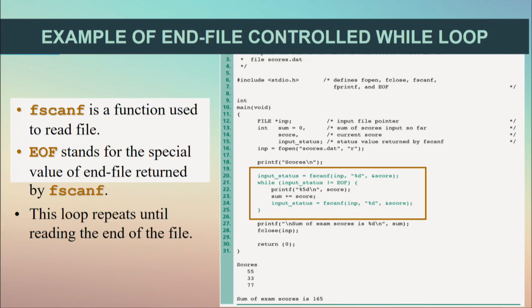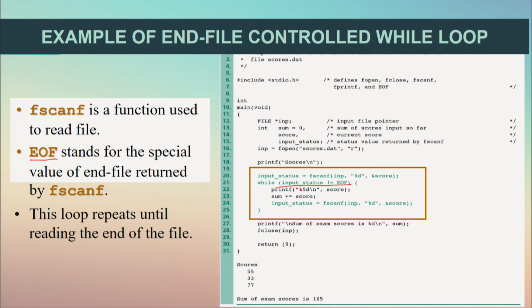It has a pointer, and that pointer keeps incrementing, and when it encounters the end of file, automatically EOF will be set. It is a special value which indicates the end of file, which is written by fscanf. In this case, we can make use of the while loop to compare the status with the end of file. So, this is how we do.